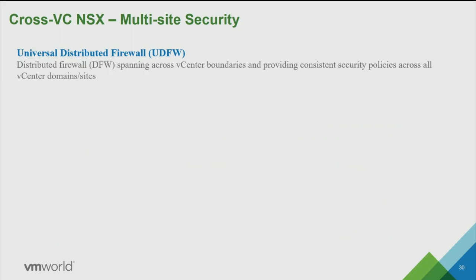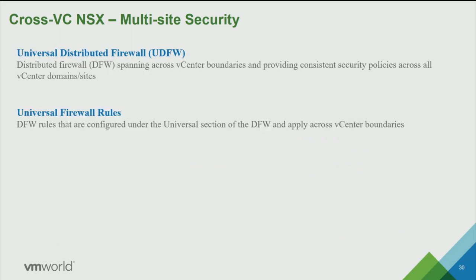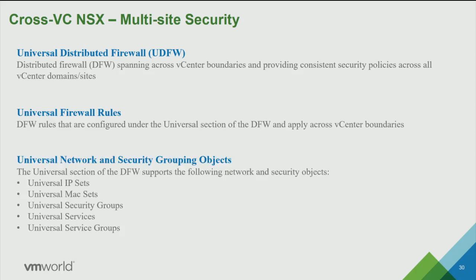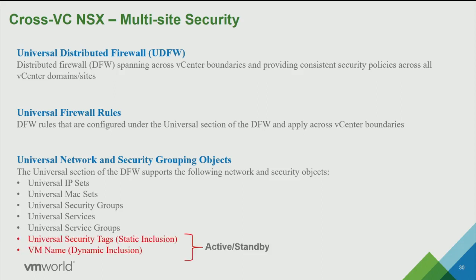Now, some of you may know that prior to NSX 6.3, we only had the ability to use universal IP sets, MAC sets, universal security groups, services, and service groups with universal policies. Now, with 6.3, we can use universal security tag and also VM name.